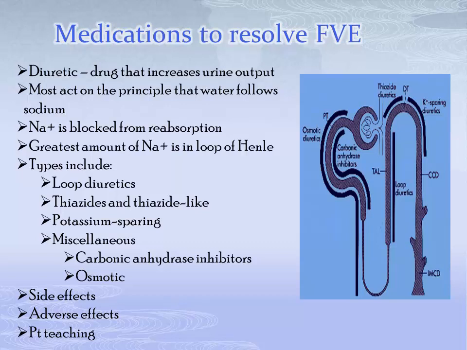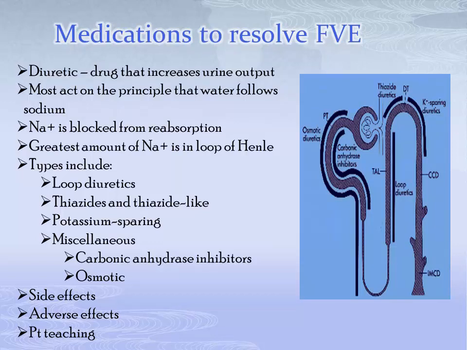Thiazides and thiazide-like diuretics, these are your hydrochlorothiazide. You can see they work more in the descending portion of the tubule. I think it has a name, but I don't remember it. There's less sodium there, so they're not as effective as the loop diuretics.